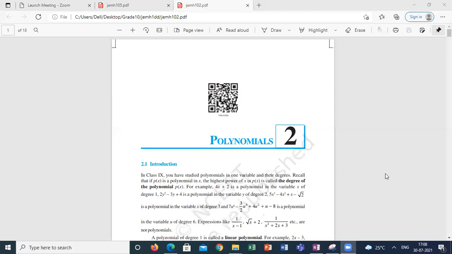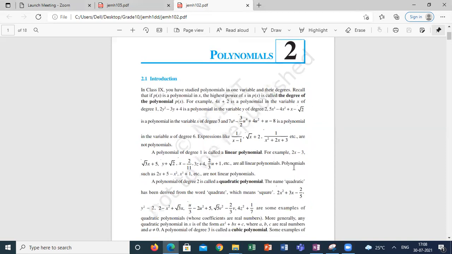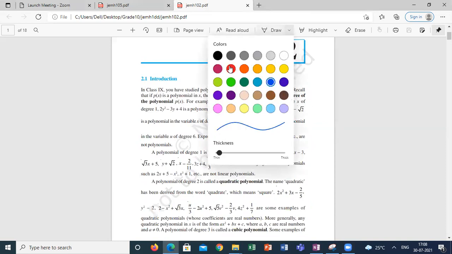So the first one is polynomials. What is the starting point in polynomials? Is it fine, guys? Instead of writing, I can go like this. We started with the definition of the polynomial. What are the different kinds of polynomial?